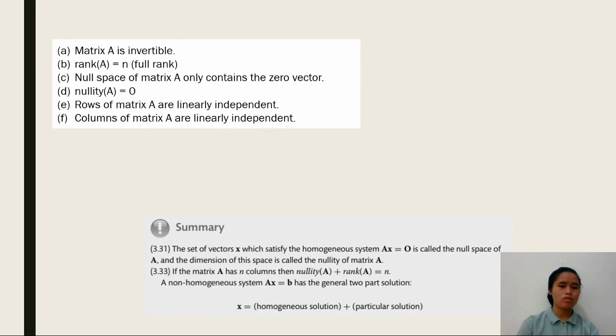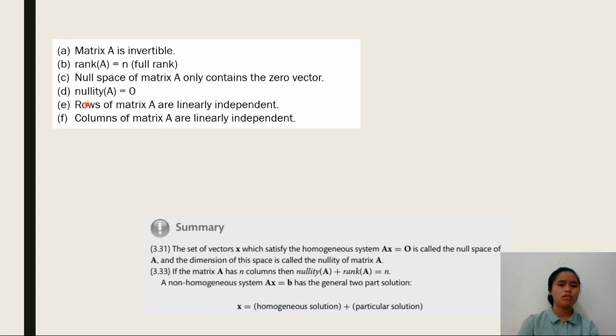Okay, from the example we have to know the matrix A is invertible. These are properties: rank A equal n, full rank. C: the null space of matrix A only contains the zero vector.